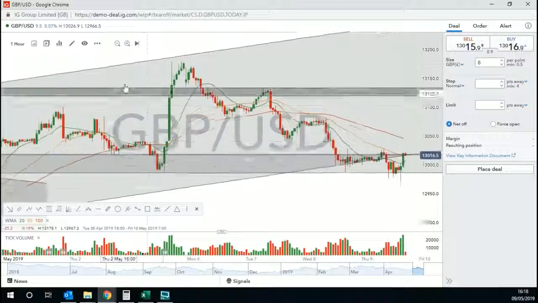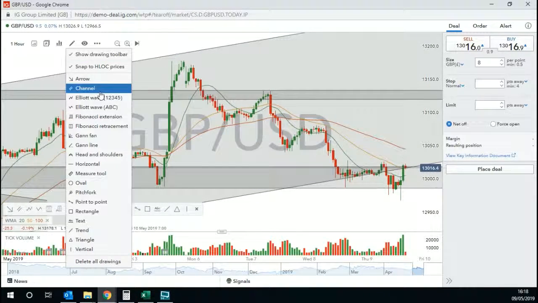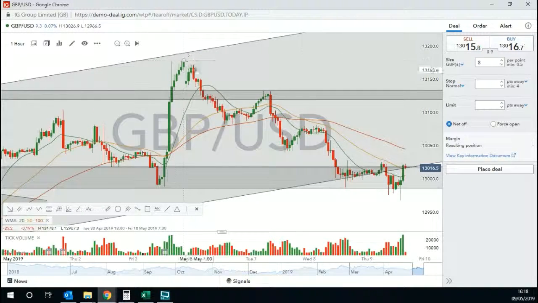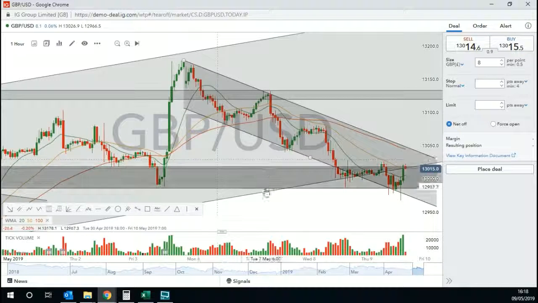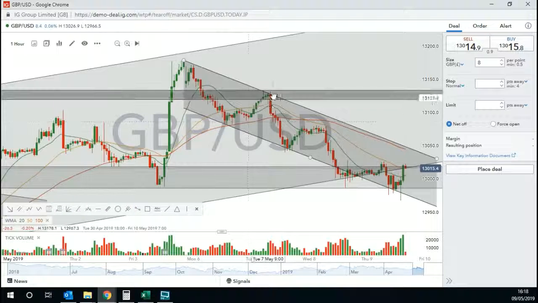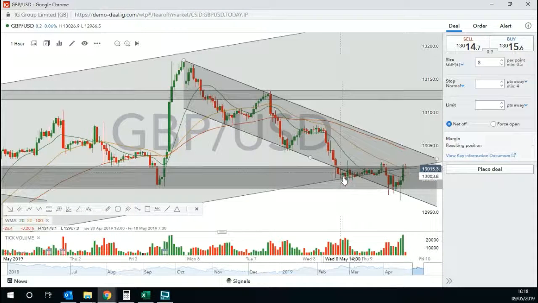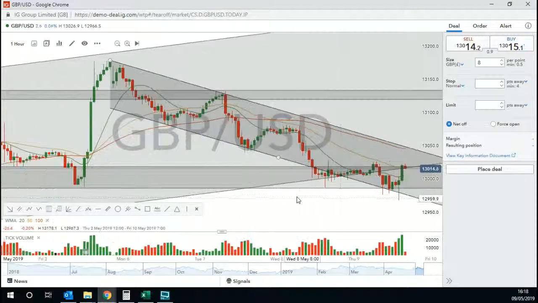On that assumption, we have got a bit of a channel forming. We take the highs, and then we join onto the previous highs here. We join onto the lows, which are the first lows, which are here. Would be these that we retraced. So there we can see a nice downward channel touch, pushed away, touch, slight breakthrough, pushed away. We're now into the midway point of this potential new channel forming.